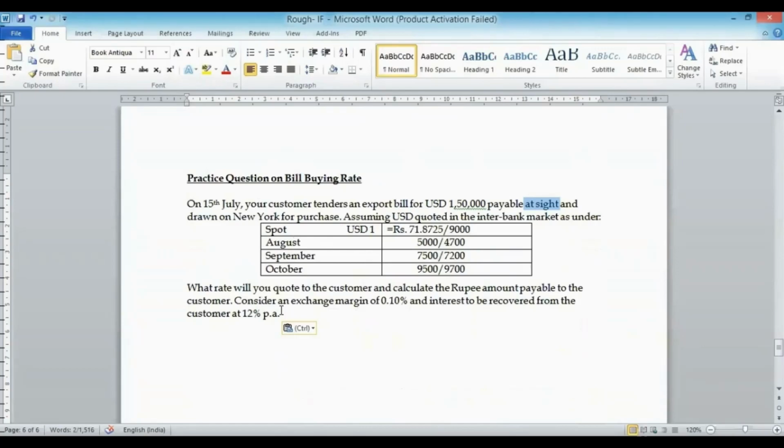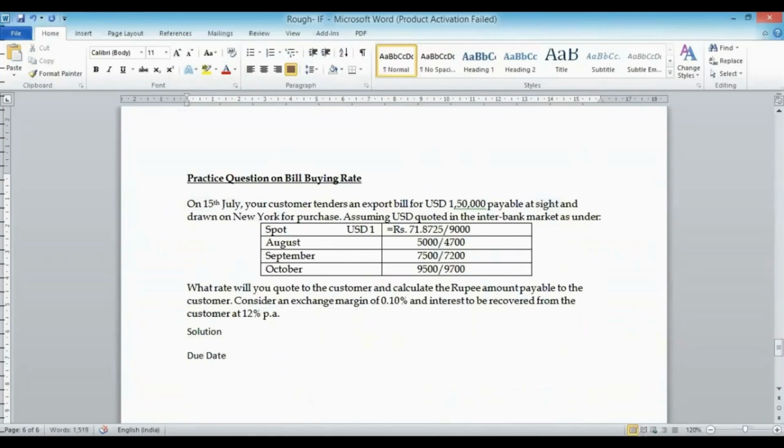And for what date of future? As the bill is at site, we have to consider only 25 days from 15th July. So we can say, what should be the due date?